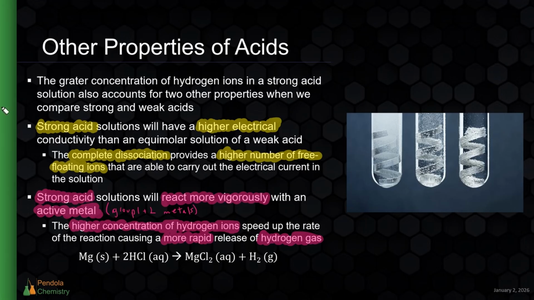For example, let's look at the reaction of magnesium with hydrochloric acid, which is a strong acid. Magnesium reacts with hydrochloric acid in a 1:2 ratio to create magnesium chloride and hydrogen gas. In reality, in the net ionic equation, the chlorine is actually a spectator ion.